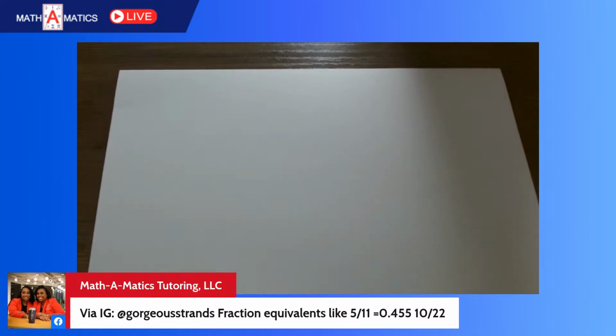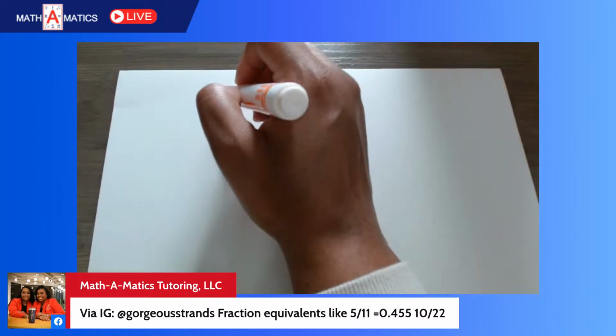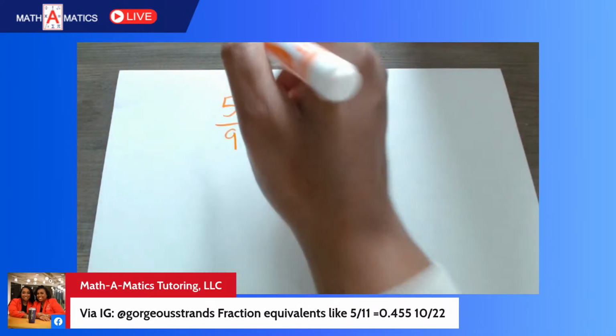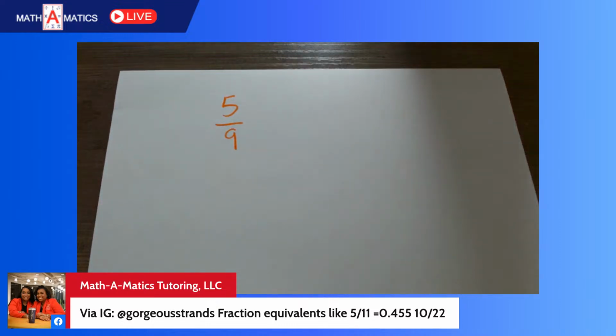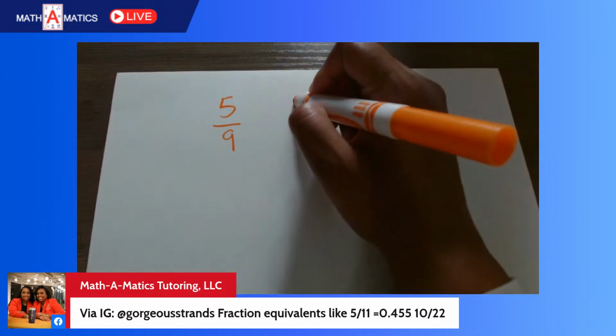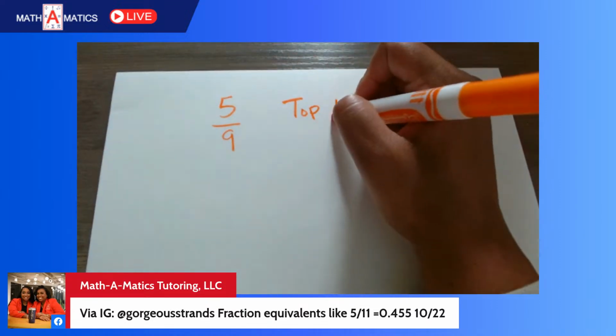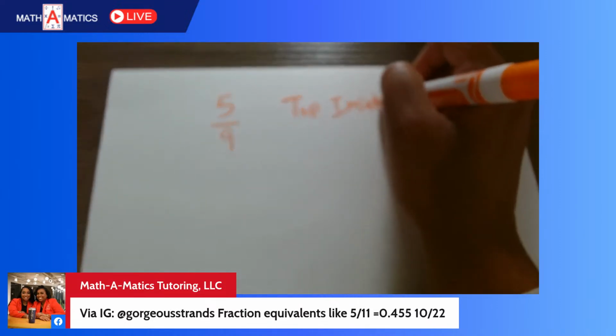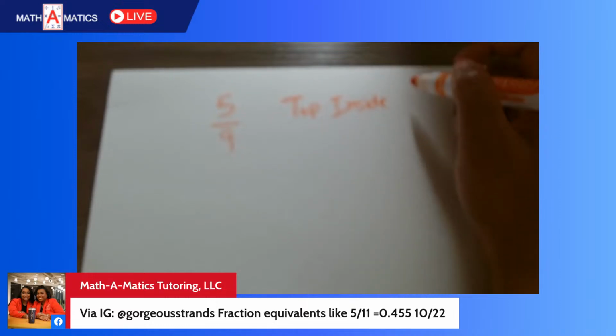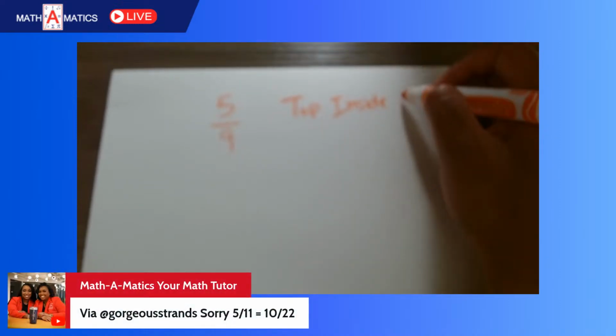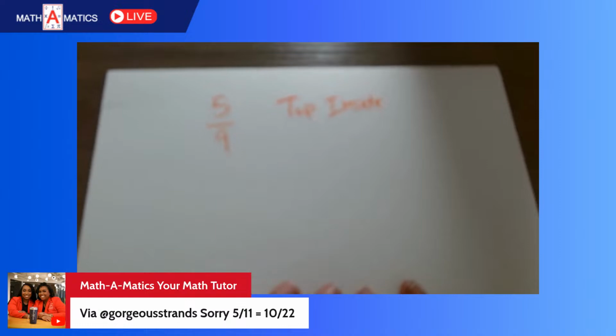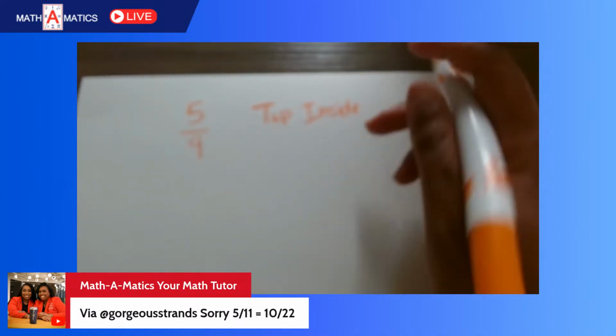So I will use one of the fractions we did, 5 over 9. And how I help students change their fractions into decimals, we like to use top, inside. Oh, okay. Okay, I got it. So she wants, I'll still show this real quick and then I'll go to the other.